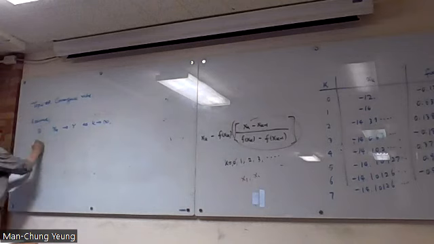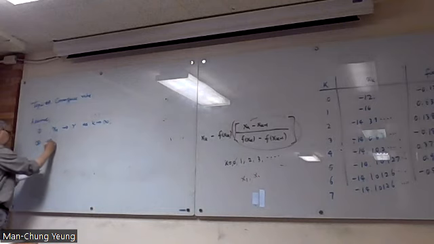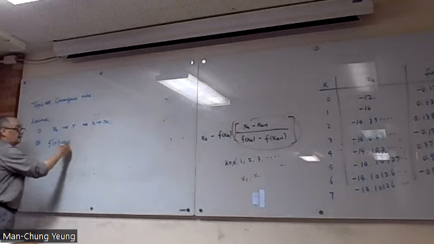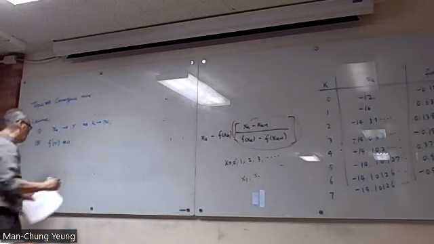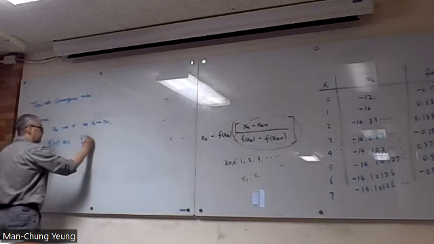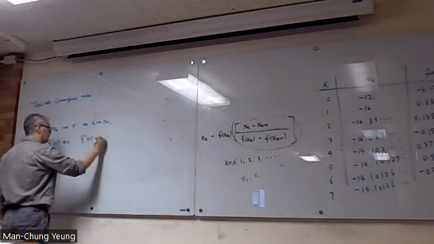Second assumption, the derivative at R, the root, is non-zero, and also the second derivative is non-zero.